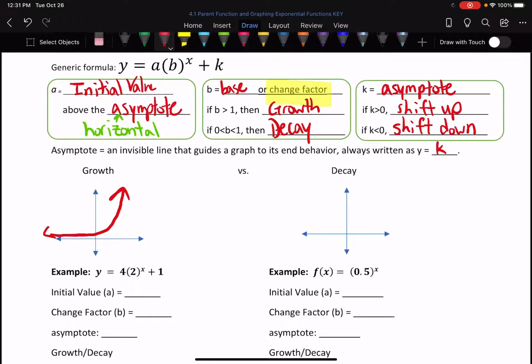So if you look from where x goes from negative infinity to positive infinity, so we have negative infinity on this side, positive infinity on the right, as our x values increase, our y values increase. But a decay function is going to be the opposite. As our x values increase, our y values decrease. In just a second, we will look at some examples of this.